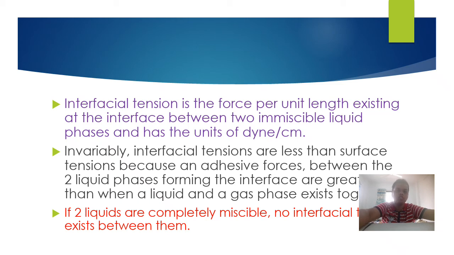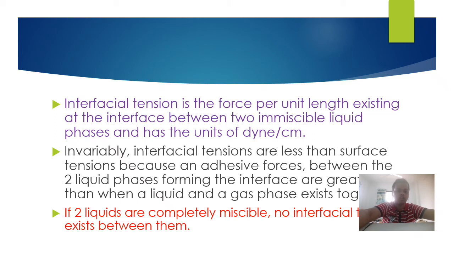So it is the same unit as that of surface tension, and it is the tension which develops between the two immiscible liquids. Invariably the interfacial tension is less than surface tension because the adhesive forces between the two liquid phases forming an interface are greater than those of a liquid and a gas phase existing together.